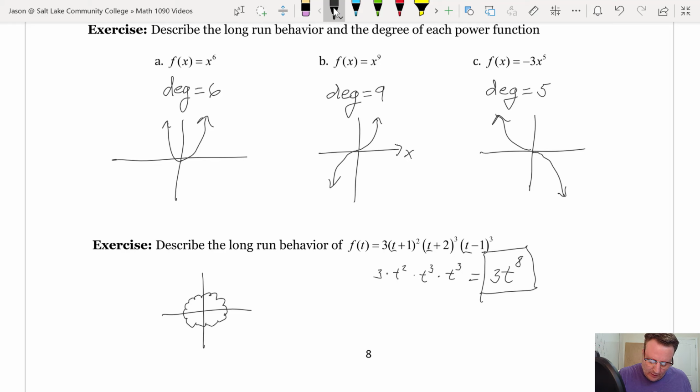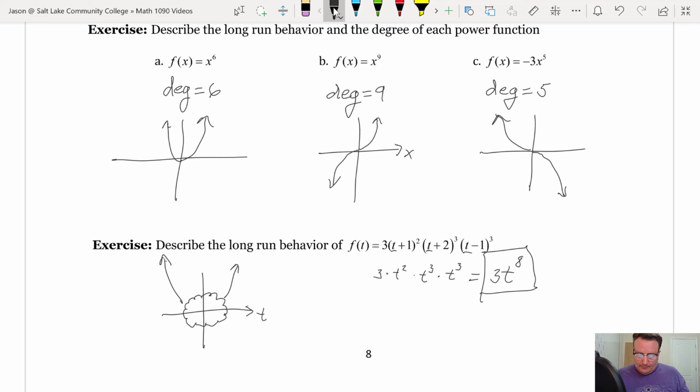But in the long run, for very large in magnitude values of t, the function will look like this, approximately. Okay, it'll go off to positive infinity as t gets very large in the positive direction, and it will also go off to positive infinity as t gets very large, but in the negative direction, large in magnitude.